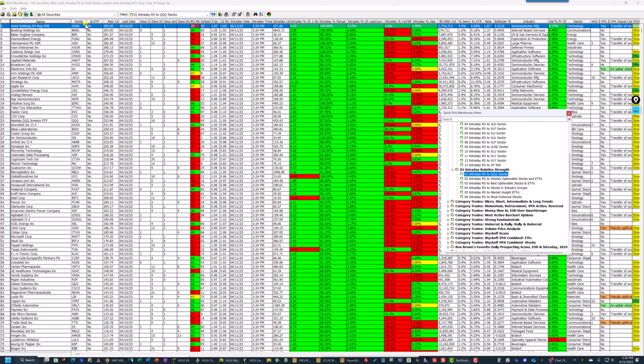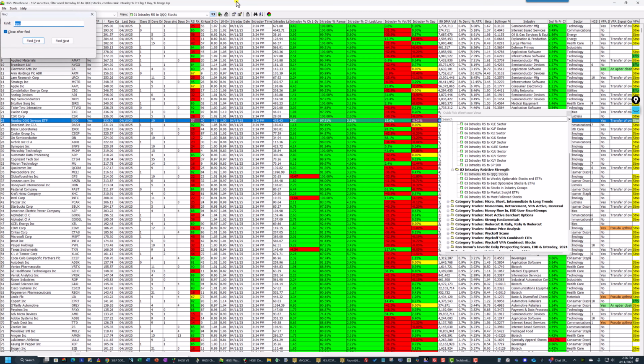It looks like ASML is the top performing stock at 100% of its daily range right now. And I'm going to click on my space bar, and I've already typed QQQ in there, and I can see which stocks are outperforming the index based upon my combo rank, and all of these are.